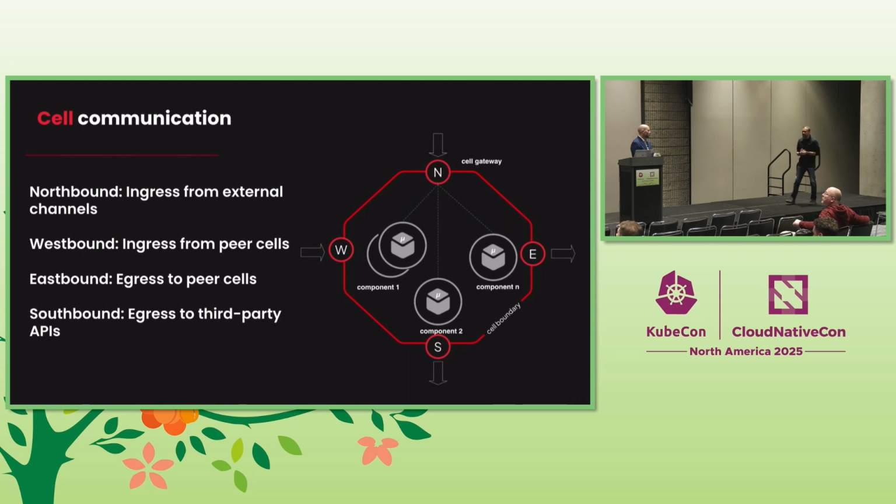And then you have ingress and egress on both sides, like the westbound and eastbound, which communicate within the organization. That is how you can control this communication. So that way you have a boundary to that particular cell, and you have control across all the communication that you are doing from the cell as well as to the cell. So that way you have better control.